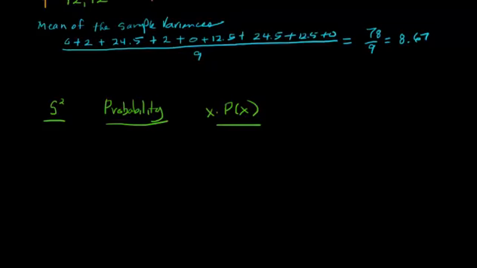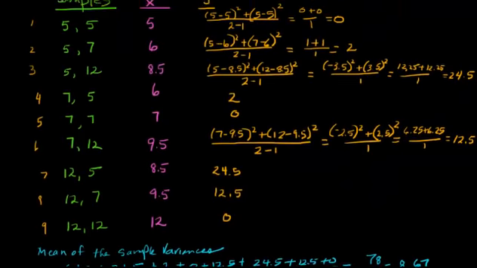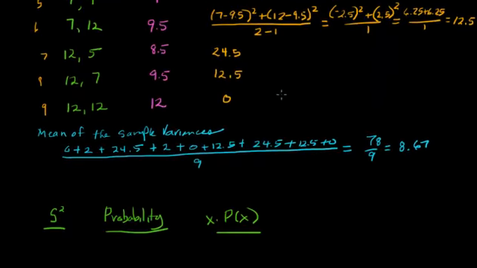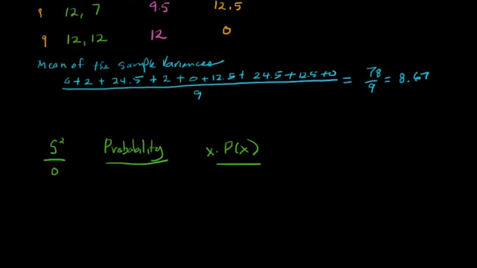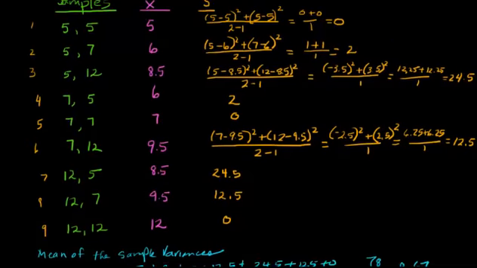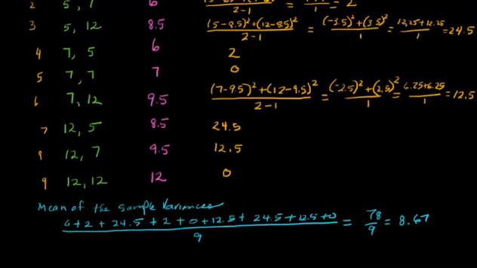The smallest variance was 0. We also had a 2. We had 12.5 and 24.5, and that was it. Those were the 4 different values we calculated for the sample variances.